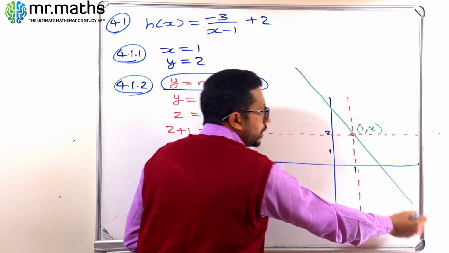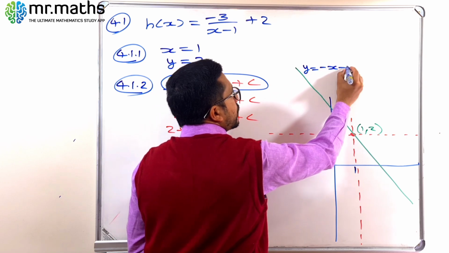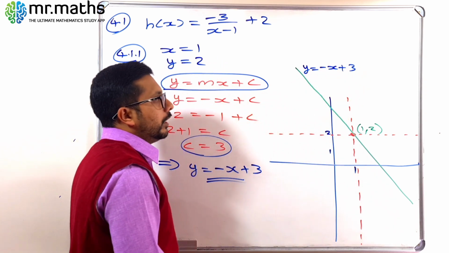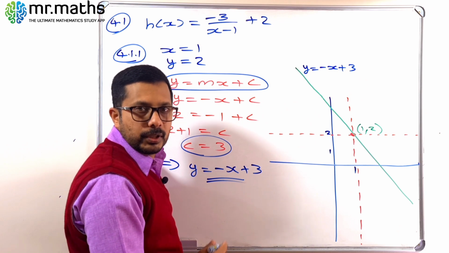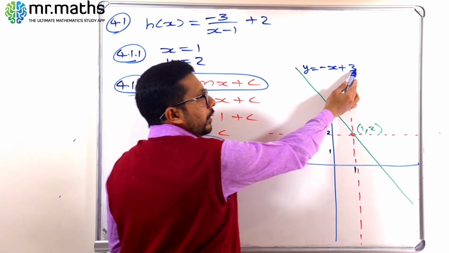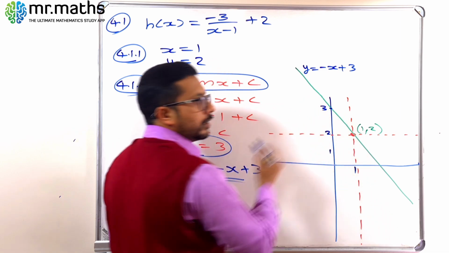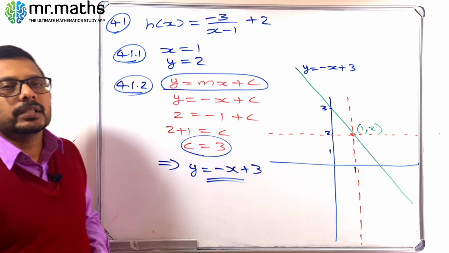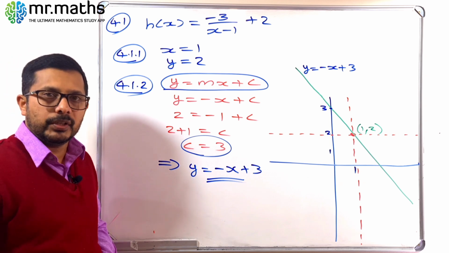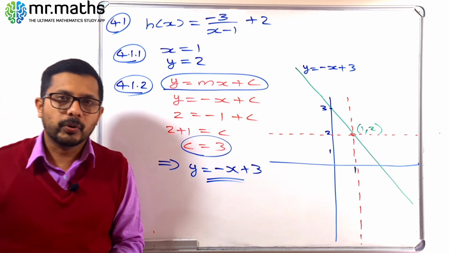So the equation of this green line, this axis of symmetry, is y equals minus x plus 3. What does this 3 stand for? In the equation of a straight line, this 3 stands for the y-intercept. Here you can see this point, it is 3. That is the meaning of that. So this is the equation of the axis of symmetry having negative gradient, and that is question number 4.1.2.